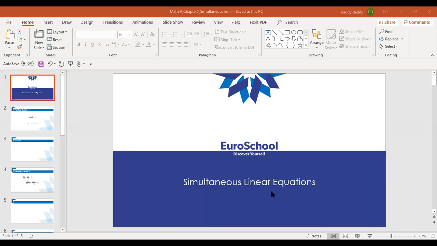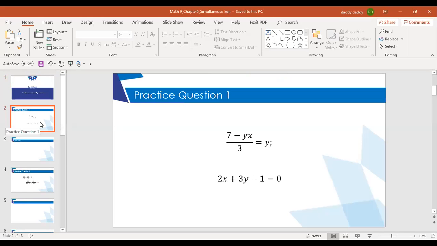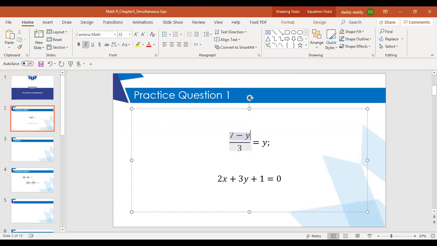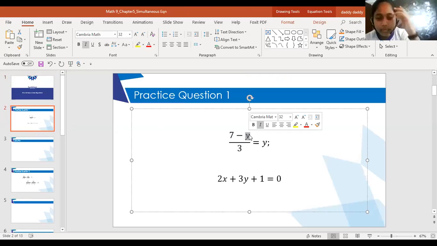Simultaneous linear equations. Yes, children? Yes, ma'am. Okay, this is your question number 1 for today's session. It is 7 minus, wait, I'll just change. 7 minus 4x upon 3 is equal to y.